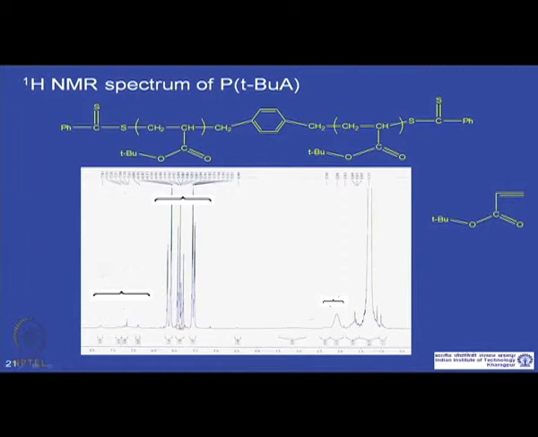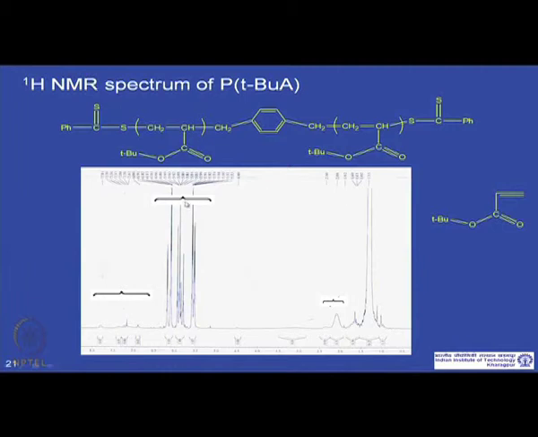Now look at these peaks. These are for the 3 hydrogens present here in the monomer: 1, 2 and 3, three peaks for the 3 olefinic hydrogens present in the monomer.